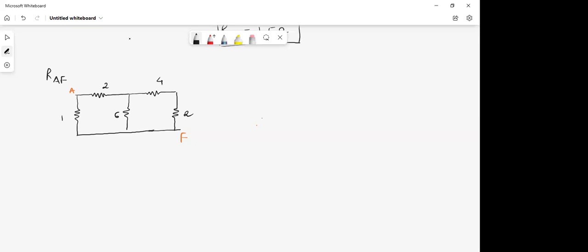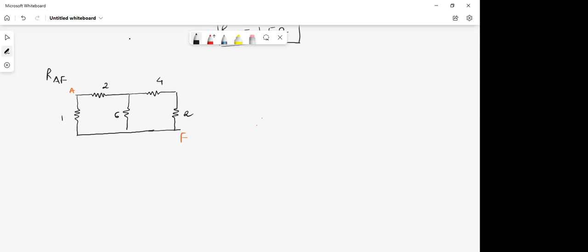So for this question, do we have to consider the 6 ohms in the middle? Let me answer your question at the end. I'm still not getting what exactly you have in your mind. Can you just repeat it? I was asking, when we are finding resistance between A and F, do we have to consider the 6 ohms that is there between?